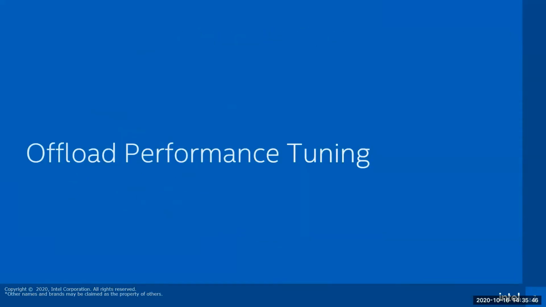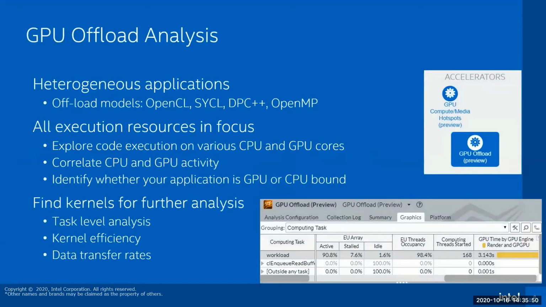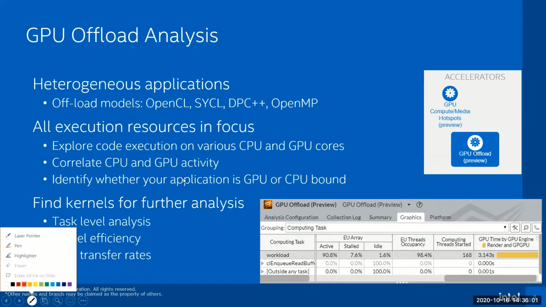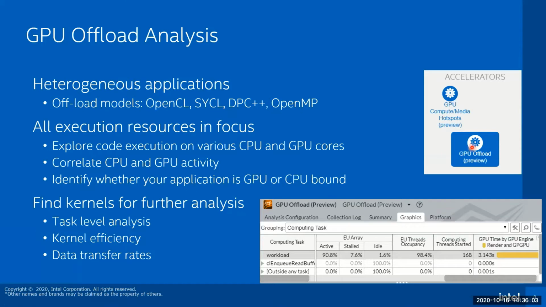So let's start with offload performance tuning. If you open the configuration window of VTune, you'll find specific types of analysis, which is analysis for accelerators, and one of those is GPU offload.